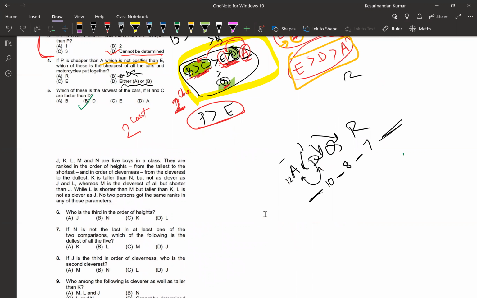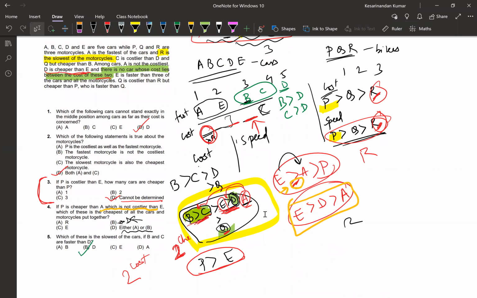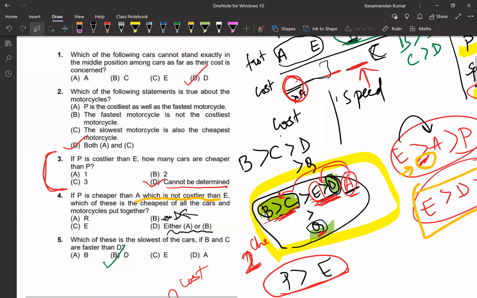Let me erase this part. Okay, guys. So for the people who face some issues, this is how in ordering and sequences you will have to take more than one case. Like this was completely playing with the words, A, which is not costlier than E. This part clearly meant there can be two cases.